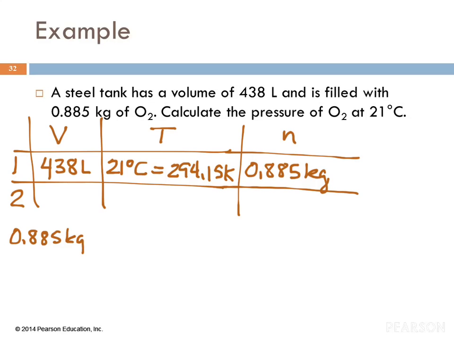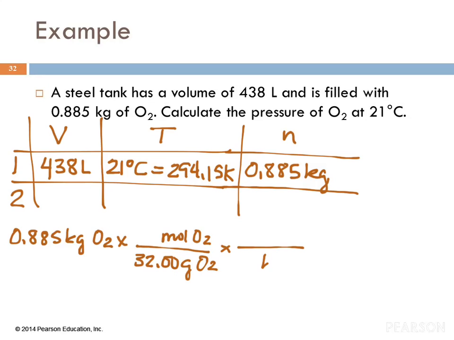0.885 kilograms of oxygen. How do we convert to moles? Molar mass, that's moles per gram, right? So moles of oxygen to 32, because it's O2, grams of oxygen, but that was kilograms. So we need to throw in a conversion for kilograms. We want kilograms on the bottom, grams on the top.